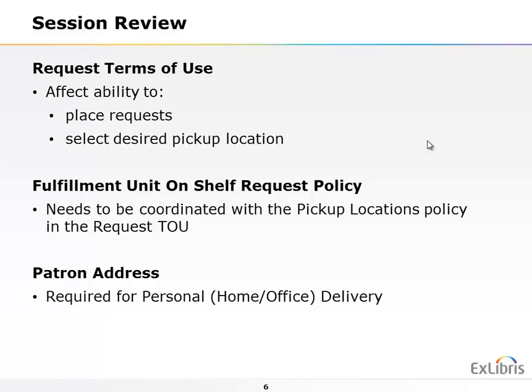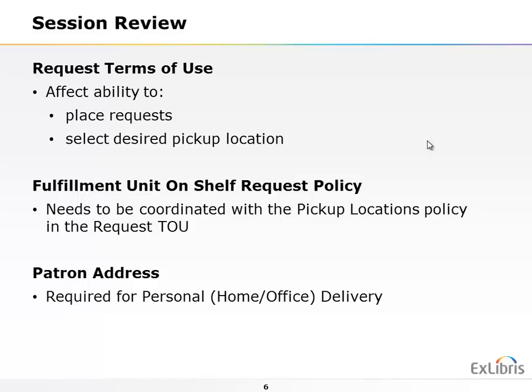The first thing we saw was the request terms of use, and we saw how the request terms of use can affect the ability to place requests. For example, if the is requestable policy is no requesting. And we saw also how the request terms of use can affect our ability to select the desired pickup location.